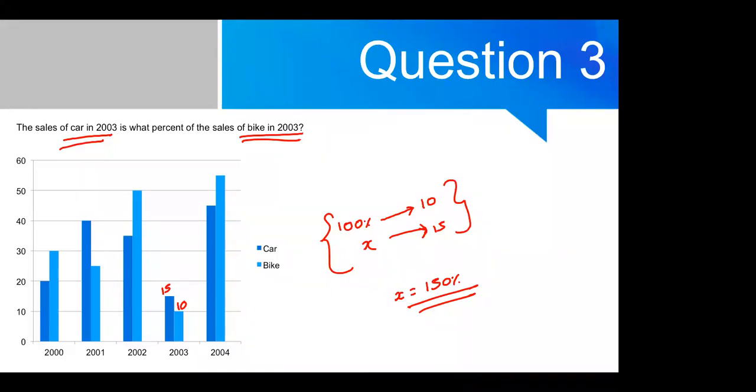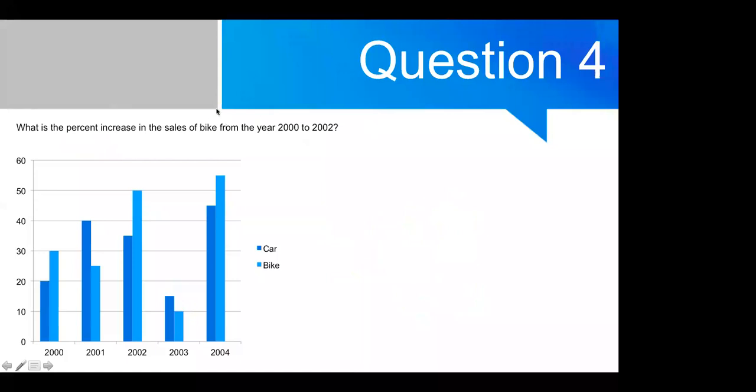Fourth question. Stop me if you have any doubts. Otherwise, proceed. So, what is 100%?